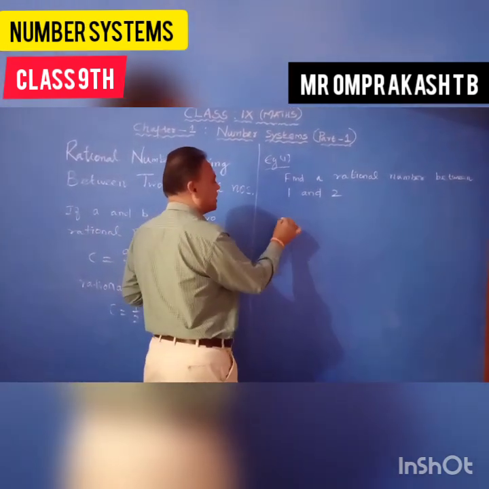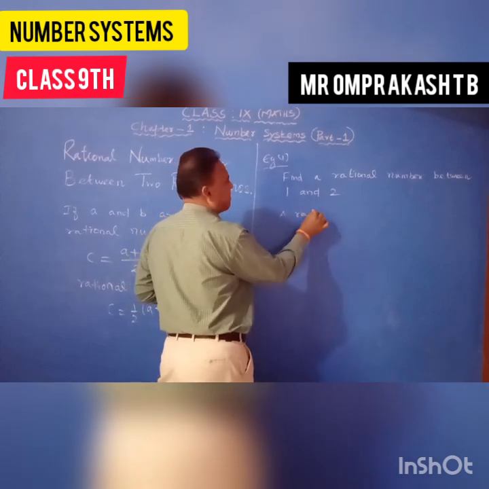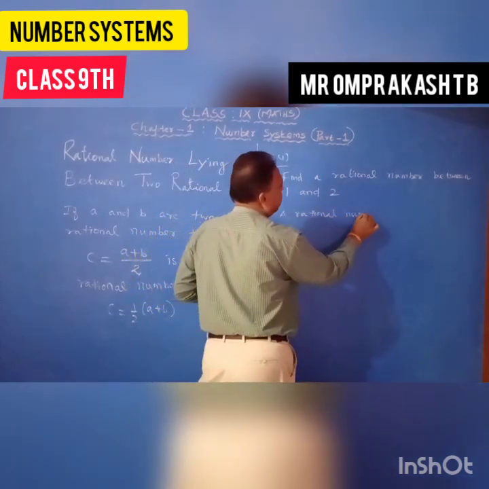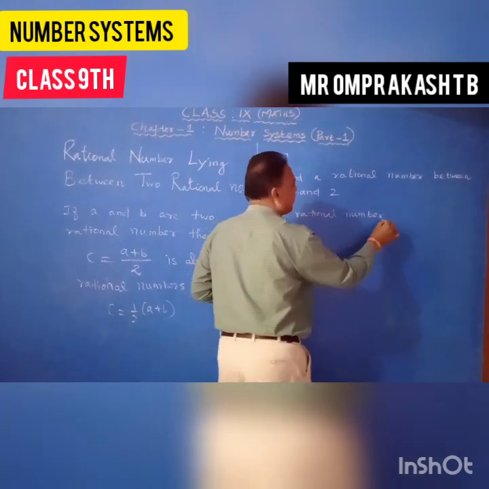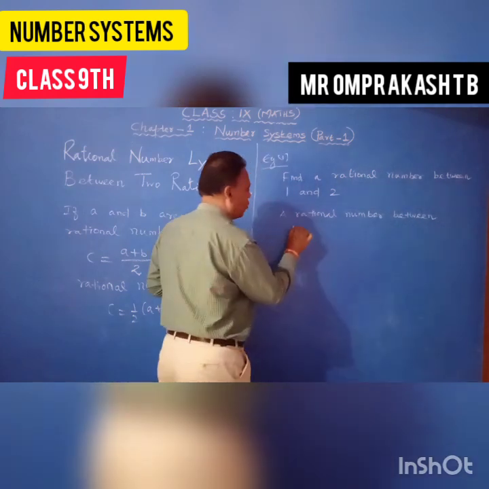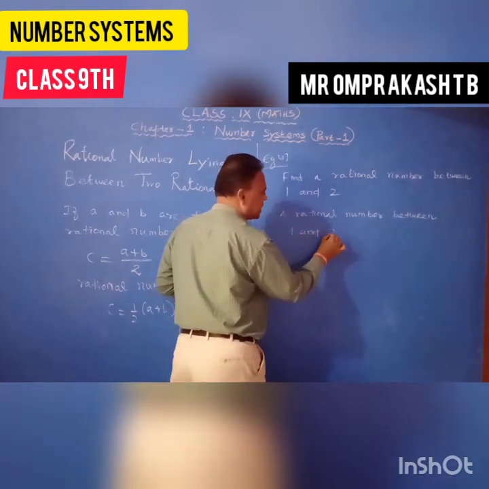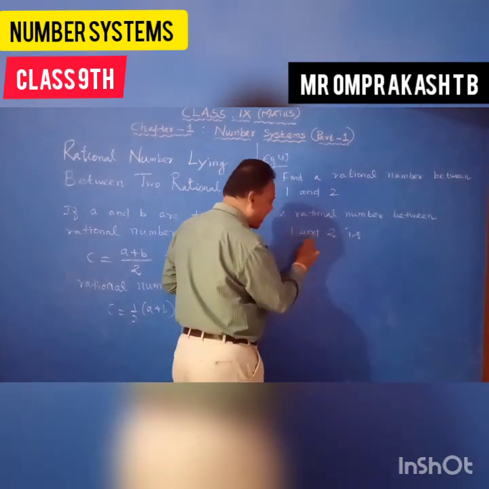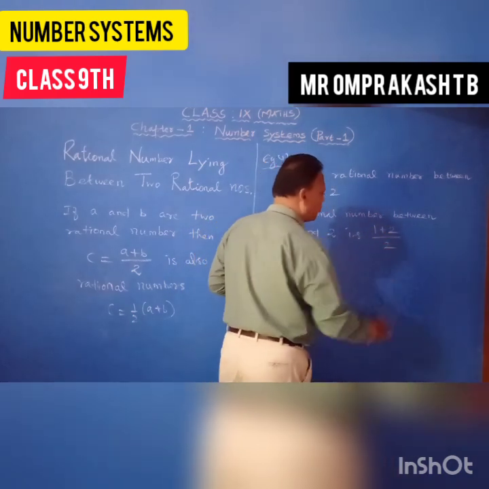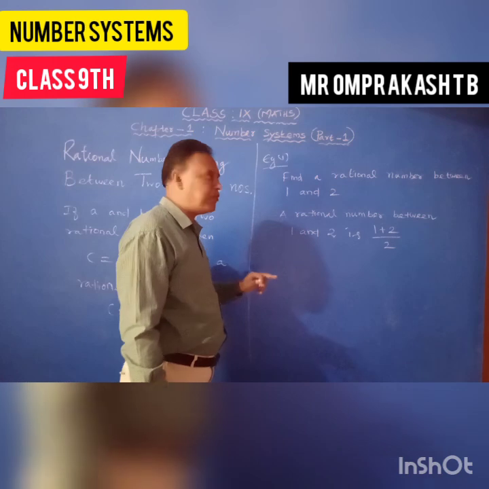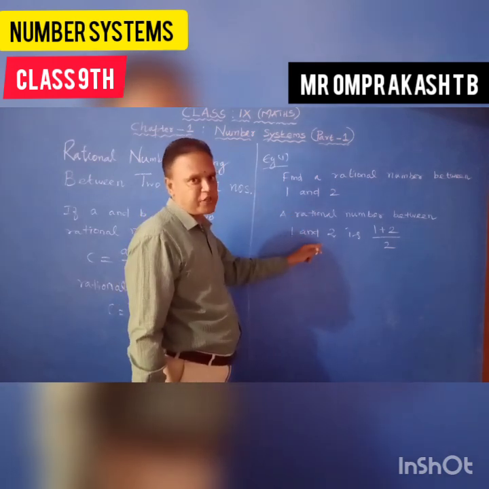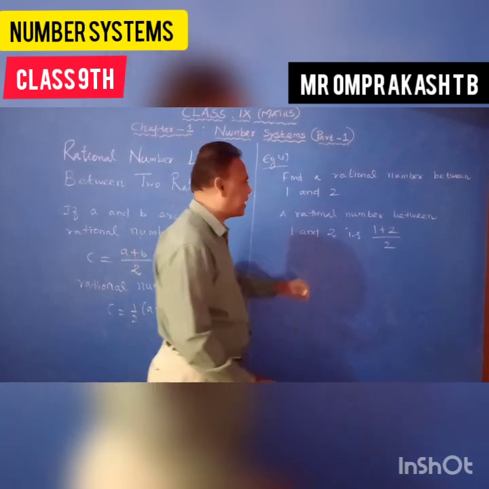A rational number between 1 and 2 is, just add 1 plus 2, again divided by 2. So in exam, if they ask only one rational number, this is the best method. Okay, just adding and dividing by 2.